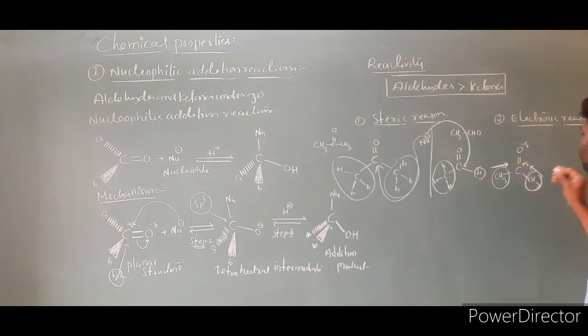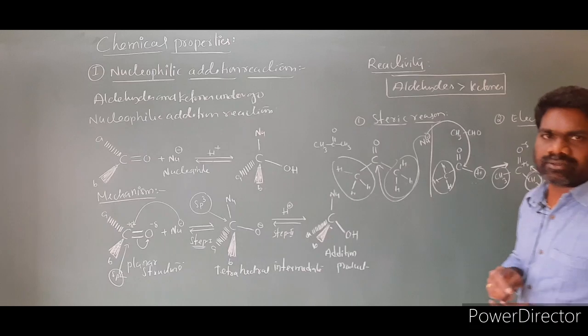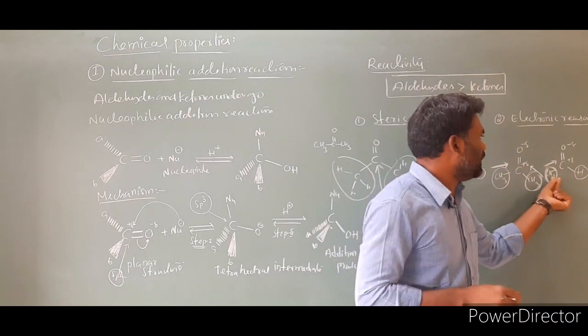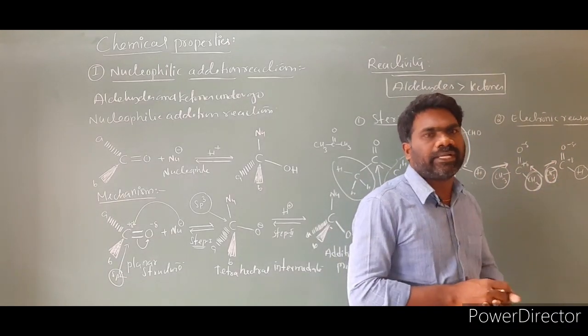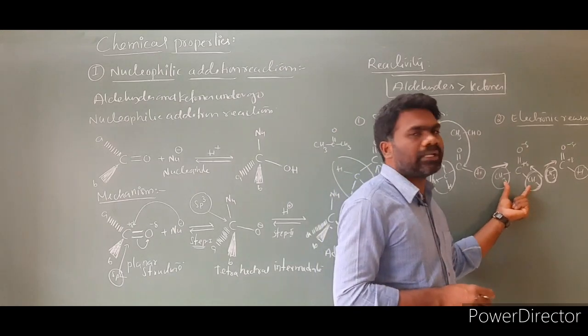If you take an aldehyde, I am taking C double bond O CH3, and the other one is hydrogen. In this case, only one methyl group, one alkyl group, is donating electrons to the carbonyl carbon. But this hydrogen cannot donate electrons to the carbonyl carbon. So only one alkyl group is donating, but in ketones two alkyl groups are donating.